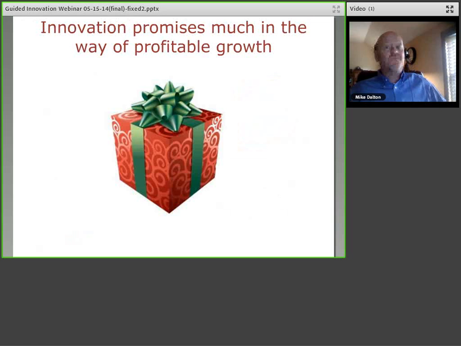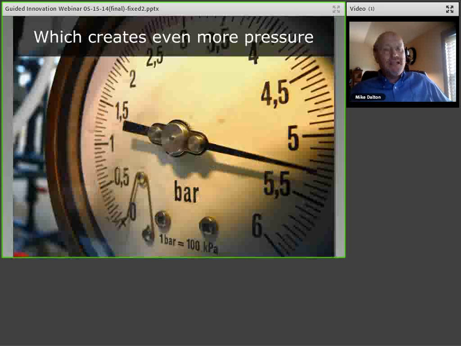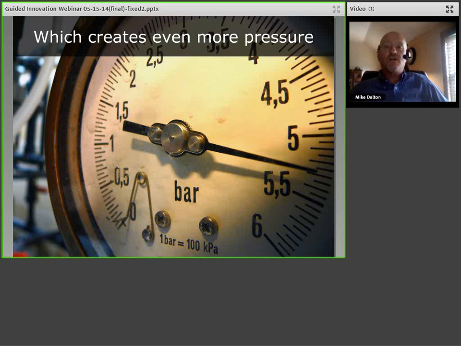There we go. So while more profitable growth is the reason that most companies invest in new product innovation, these issues that we talked about really make it tough to deliver. And of course, that just creates a vicious circle where there's even more pressure on new products.